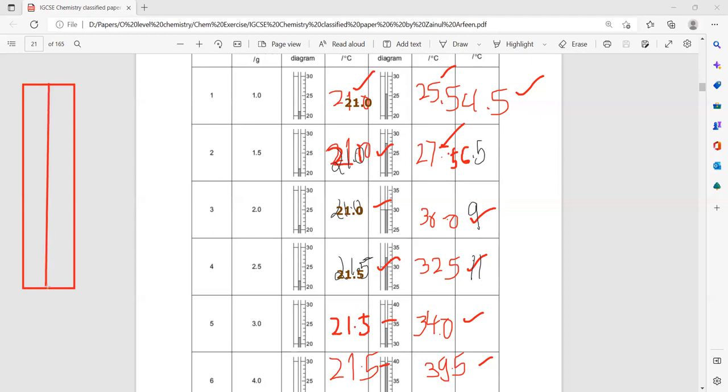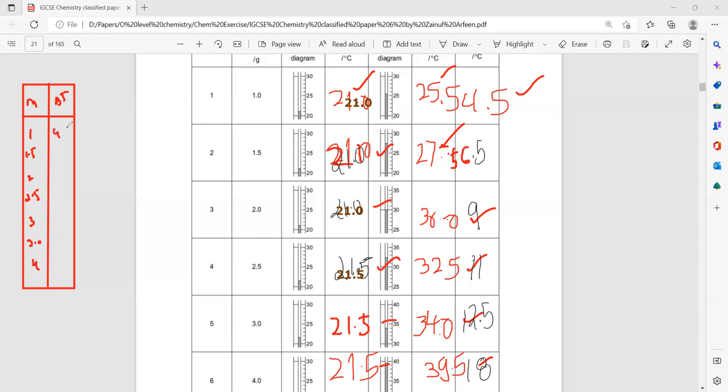Because then we have to plot a graph between the mass and the temperature change. So this is 1, 1.5, 2, 2.5, 3, and then 4 was there.